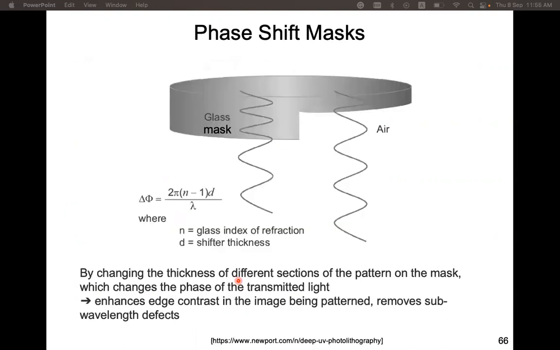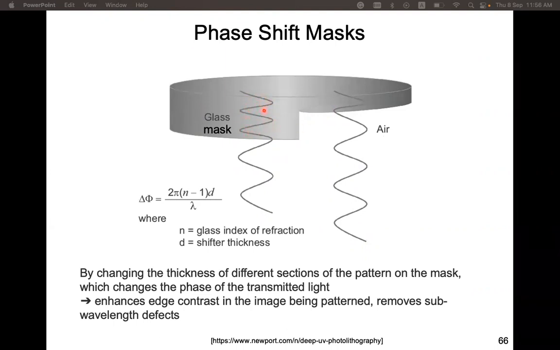The second technique is phase shift masks. This is the mask with this phase shift technique. A normal mask is just a glass layer, either transparent or not transparent. The phase shift mask has different depths for the same transparent layer. And we know that the light has different wavelengths in different mediums.